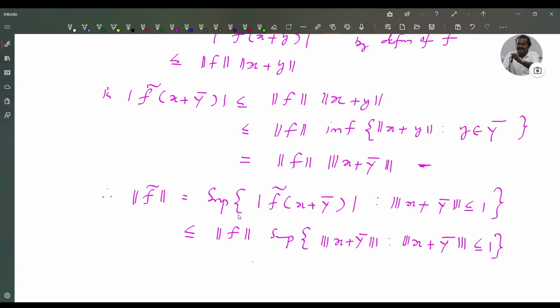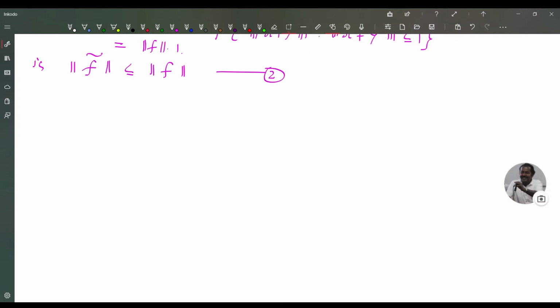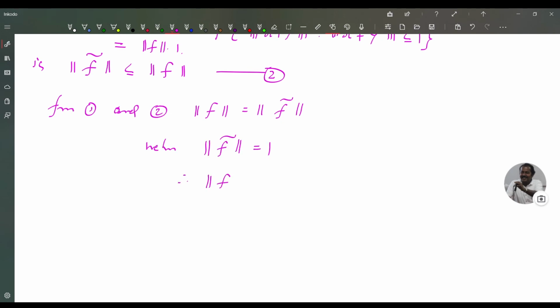So this is equal to norm f into 1, that is, norm f tilde is less than or equal to norm f. This is equation 2. Therefore, from 1 and 2, norm of f equals norm of f tilde, and we have norm of f tilde is 1. Therefore, norm of f equals norm of f tilde, that is equal to 1.